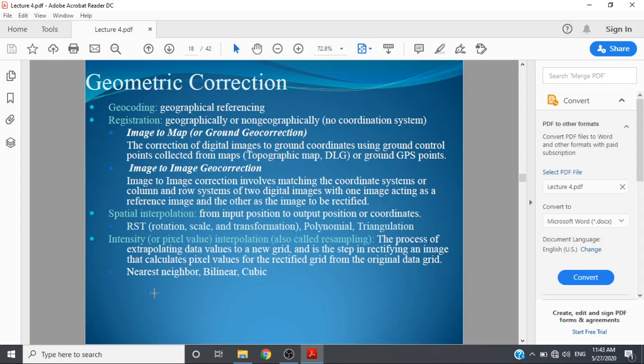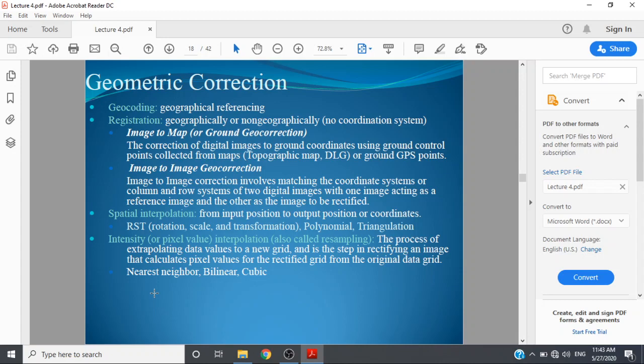Geometric correction, in which the geocoding or the geographical referencing, registration geographically or non-geographically with no coordinate system, and this is image-to-map or ground geocorrection.